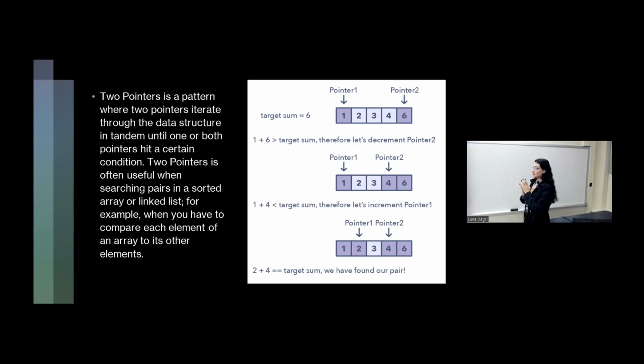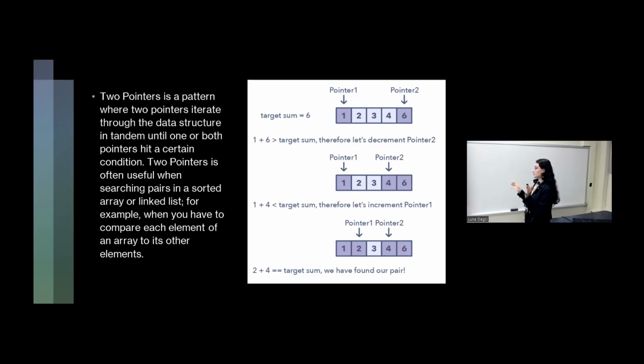This array is also supposed to be sorted; if it's not sorted in the question, then you will sort it. Because our value is greater than what we're looking for, we decrement the right pointer to find a better result.